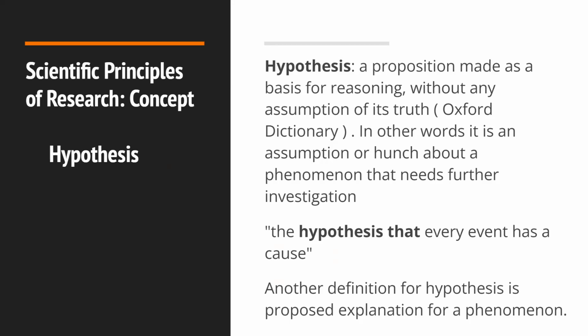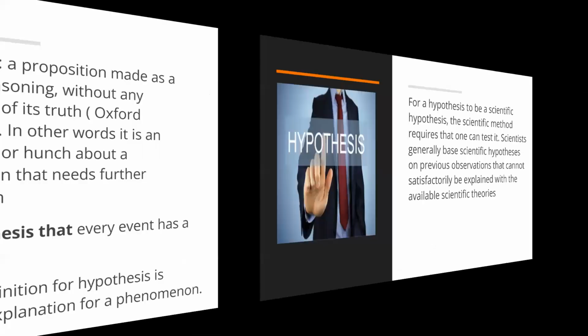In other words, it is an assumption or hunch about a phenomenon that needs further investigation. The hypothesis states that every event has a cause. There are other definitions for hypothesis, but the main thing about the hypothesis is that it is a proposed explanation for a phenomenon.